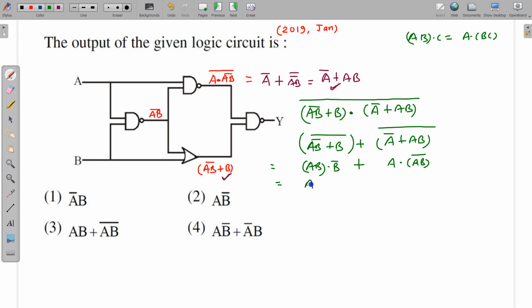So from here we can write A dot B bar, and A dot AB bar can be written as A bar plus B bar. So what is B and B bar? Obviously this is 0. If you take the AND of B and B bar, this is 0, and A and 0 will also be 0, plus this can be written as A bar plus AB bar, and A bar is again 0, so this 0 plus AB bar is simply equal to AB bar. So finally we are left with this, and this is the right choice.